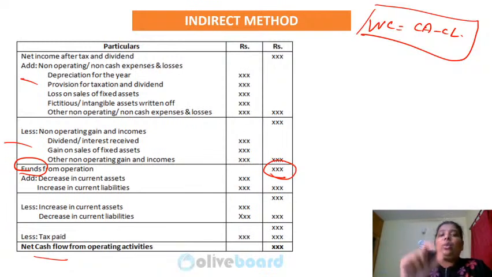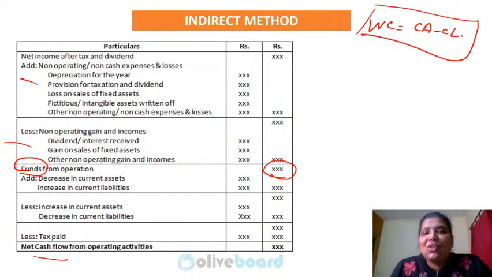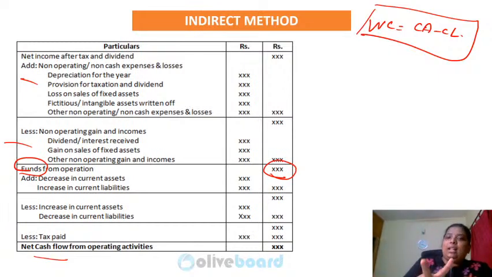All right. So the cash flow will be prepared, especially this particular working capital changes will be prepared practically from 2 periods' balance sheets, because current assets and current liabilities will be shown under where? Balance sheet, right?